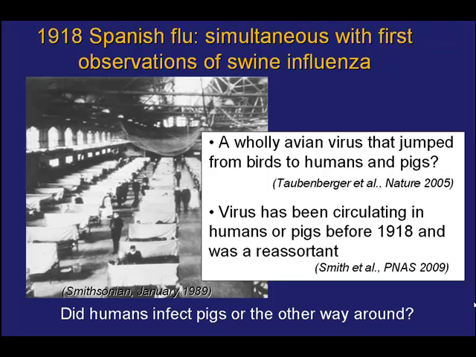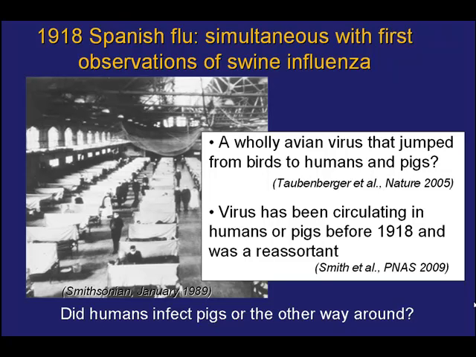But other researchers do not entirely agree with this hypothesis, and recently it was completely disputed by a very recent study. Those researchers argue that the 1918 virus was a reassortant and that the parental viruses had been present in swine or in humans several years before 1918.